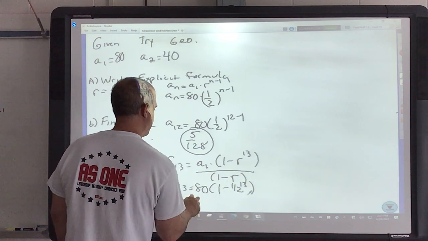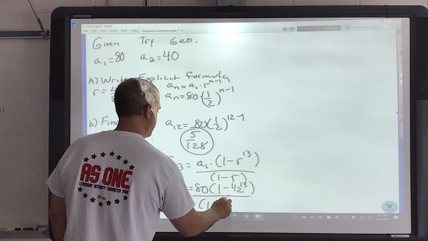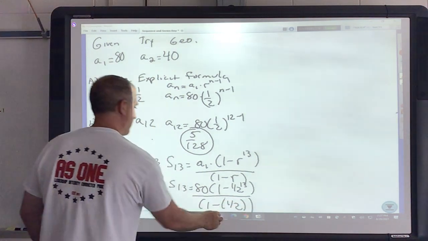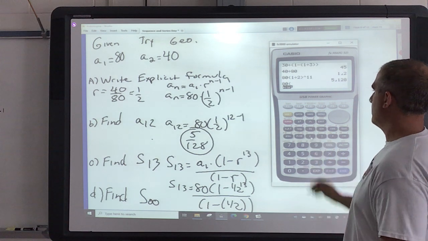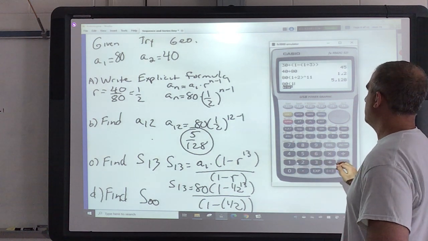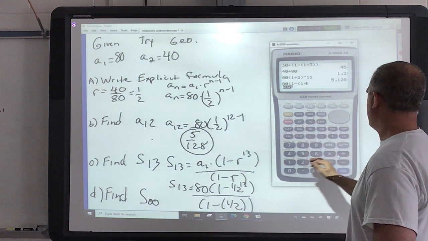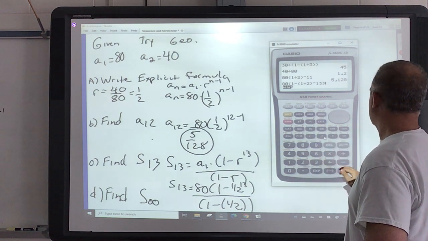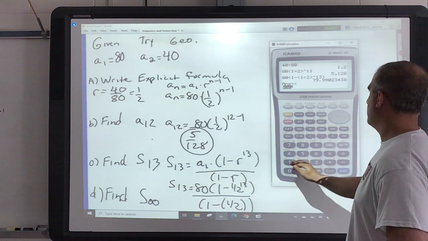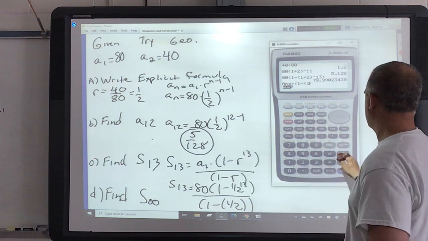So 1/2 to the 13th power, all over 1 minus 1/2. I'll go ahead and use my calculator: 80 times (1 minus 1/2 to the 13th power), divided by 1 minus 1/2.